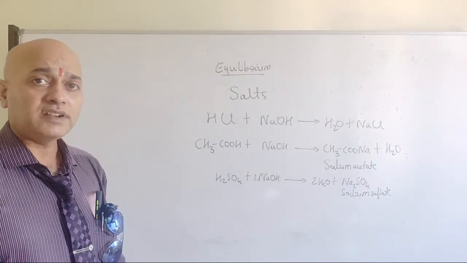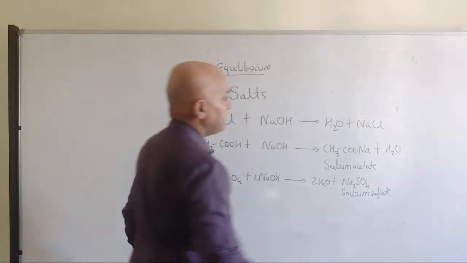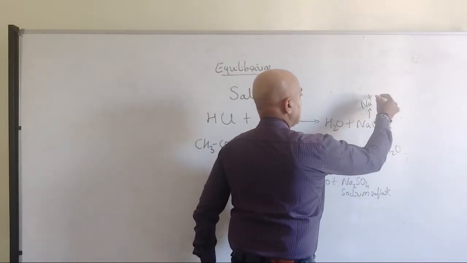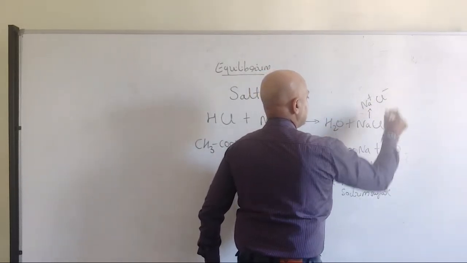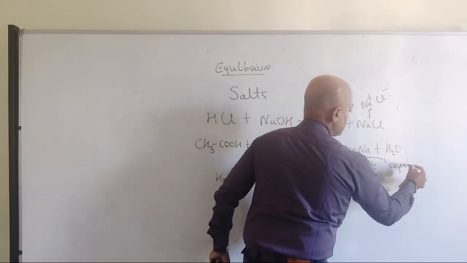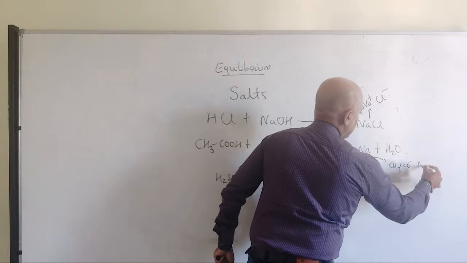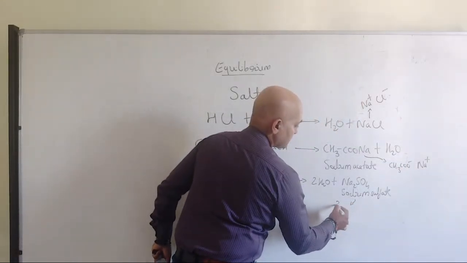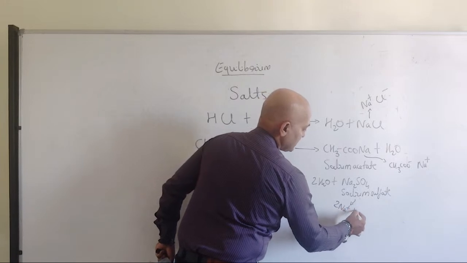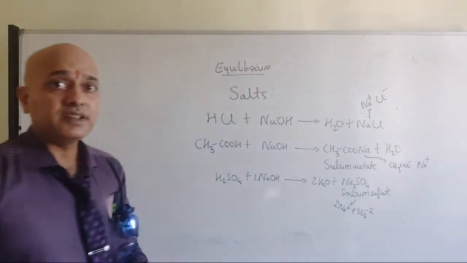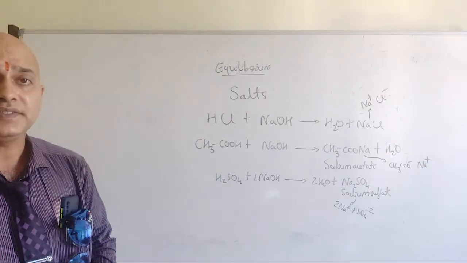Okay, all of you have understood? When they are mixed with water, they will dissociate as Na plus and Cl minus. Same for sodium acetate, it dissociates as acetate and Na plus. Same for sodium sulfate, 2Na plus and SO4 minus 2.